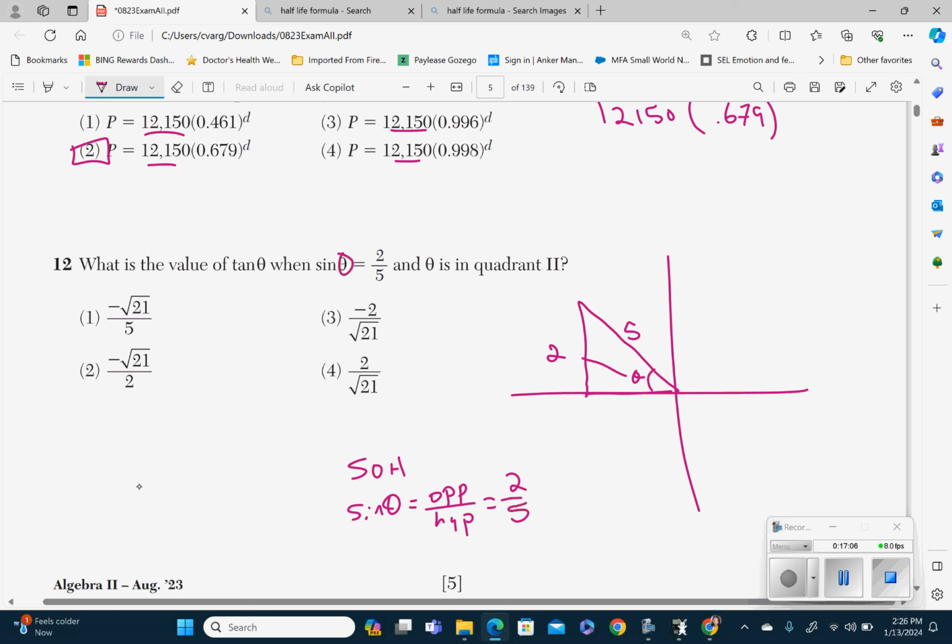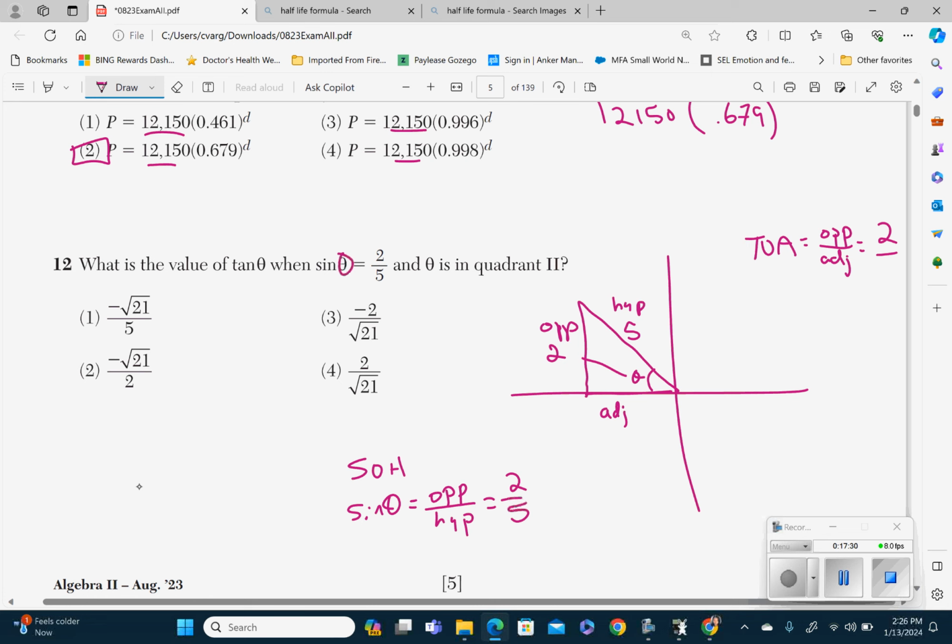So tangent, TOA, is equal to opposite over adjacent. So the side that is opposite, again, here's our opposite, here's our height, and here's our adjacent. So the top number is going to be 2. That's our opposite. And then for our adjacent, we need to find the adjacent number.